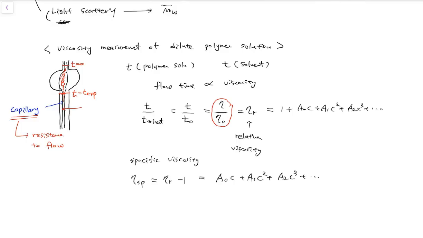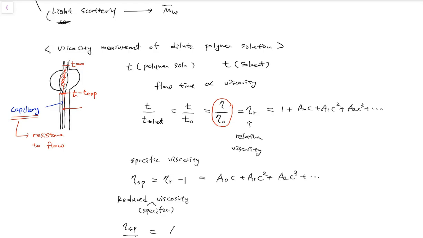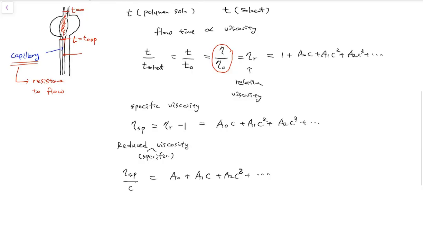Another term is reduced viscosity, the reduced specific viscosity, which is defined as the specific viscosity over concentration. It can be written as A0 plus A1 C plus A2 C squared, like this.